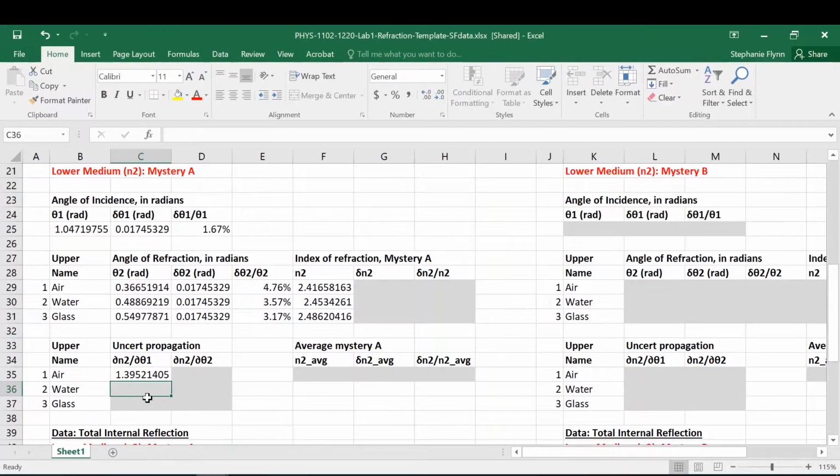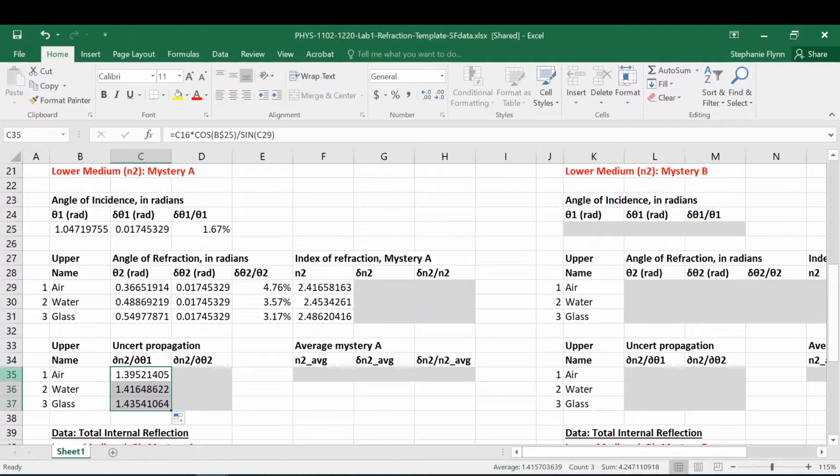And I want to be able to drag this formula down, so I just want to add in my dollar sign here. That's going to keep the cell constant for theta 1, but allow the other values to increment when I drag my formula down.